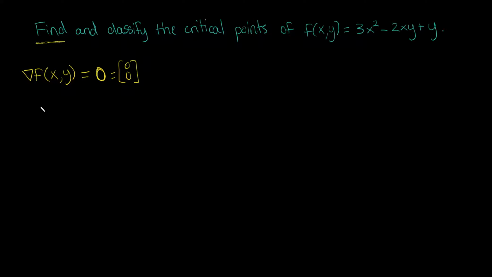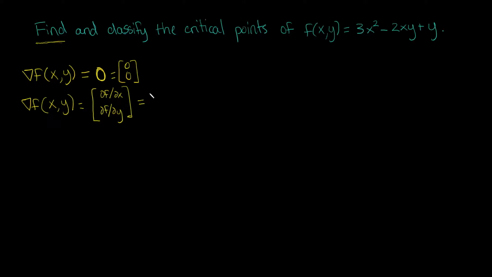And we can find them by expanding out our gradient. If we remember, the gradient of a multivariable function is just the matrix with the partial derivative with respect to x of that function and the partial derivative with respect to y of that function.